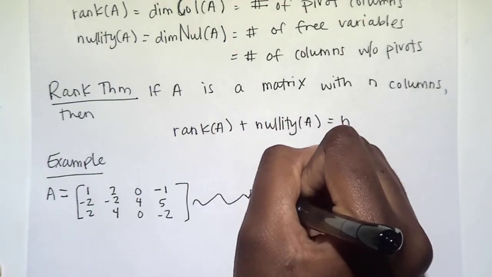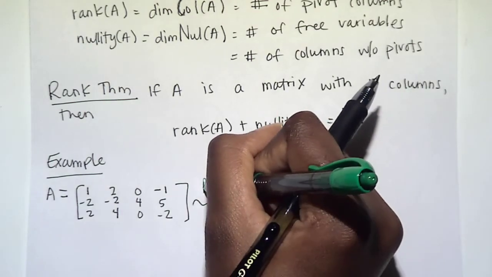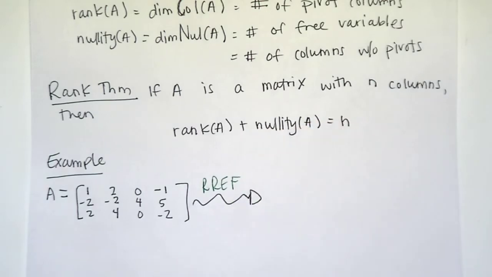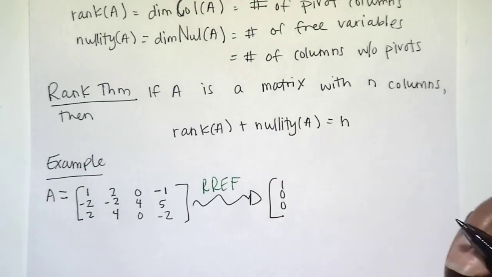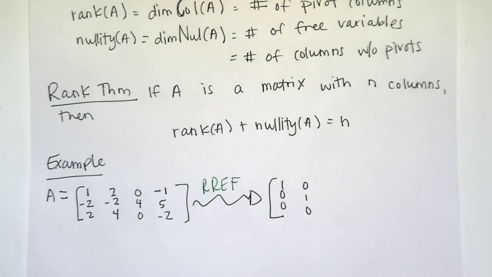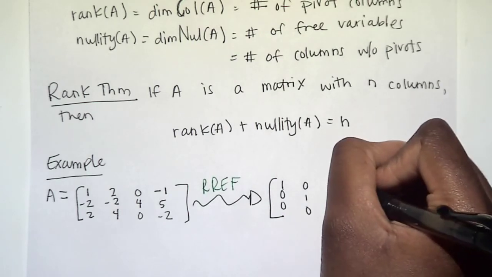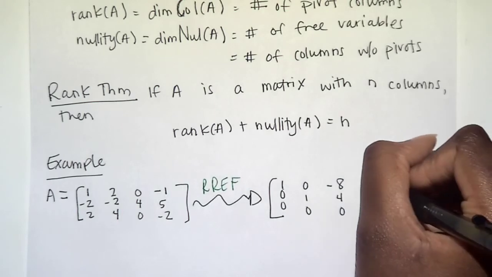I'm going to go ahead and row reduce this. Put it in RREF. So I got 1, 0, 0, 0, 1, 0, -8, 4, 0, 7, 3, 0.